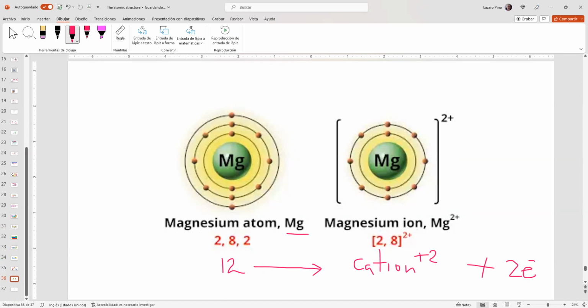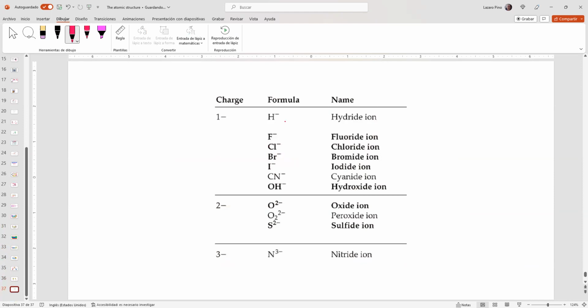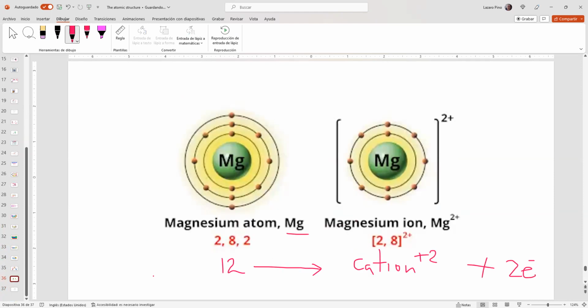Somebody will gain these electrons, of course. Remember that when somebody loses, another one gains. The cation has the same name as the atom. The magnesium atom, magnesium ion.